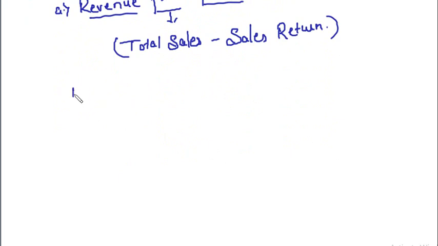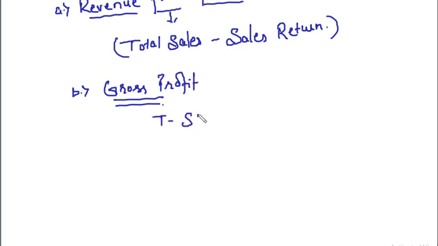Now what is gross profit? The second thing we have to establish is the gross profit. What is gross profit? Suppose you are a t-shirt manufacturer. Right? You manufacture a t-shirt, the cost of which is say 1000 rupees. The cost of manufacturing a t-shirt is 1000 rupees.